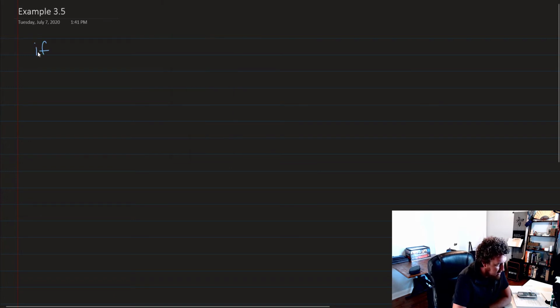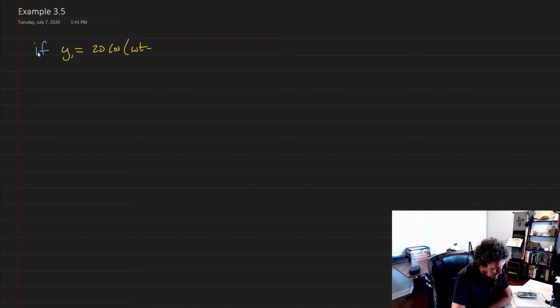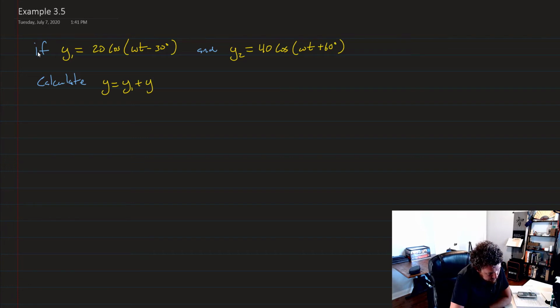that if y1 is equal to the sinusoid 20 times the cosine of omega t minus 30 degrees, and y2 is equal to 40 times the cosine of omega t plus 60 degrees, calculate y equals y1 plus y2 as a single sinusoid.